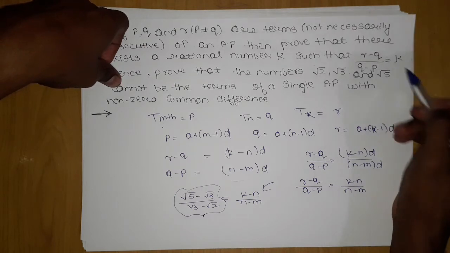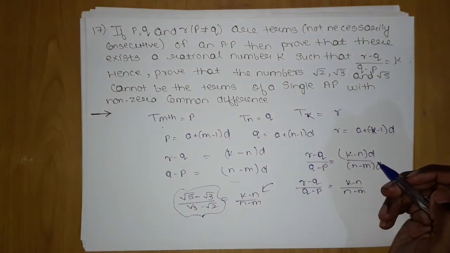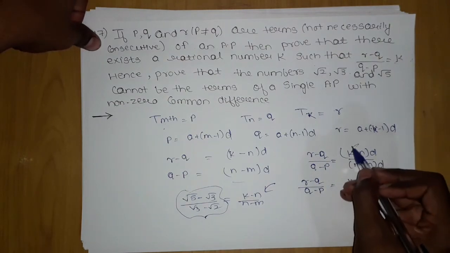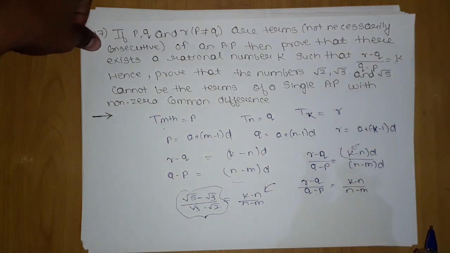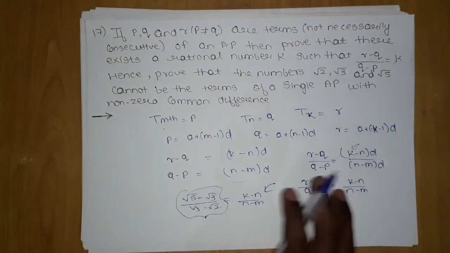I should not have taken k; k is something else. I made a mistake, I should have taken some other number. Sorry for that, but the rest of the things are the same.